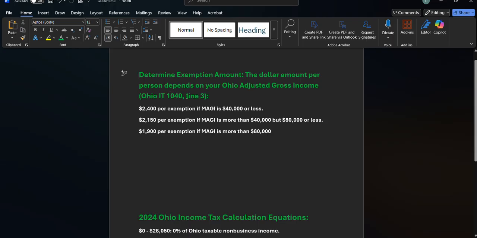To see the exemption amount, if you make 40 or less, you get exempted $2,400 for each: the wife, the husband, and the dependents. If you make between 40 and 80, it's $2,150. And if you make over $80,000, you get exempted $1,900.